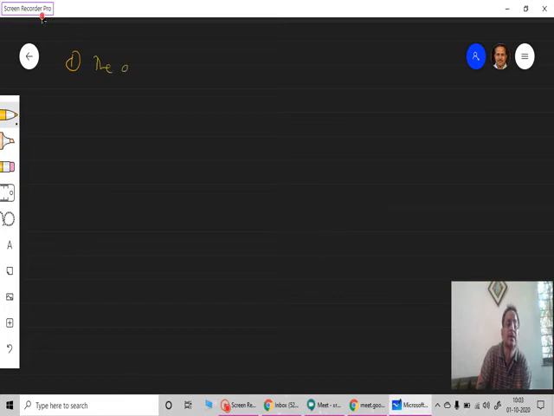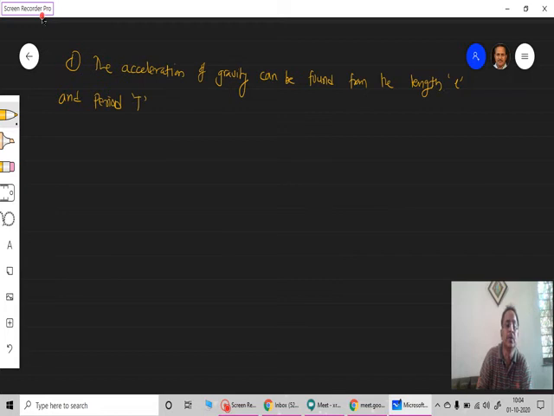The acceleration of gravity can be found from the length small l and period capital T. So these are the two parameters given, capital T, of simple pendulum or of pendulum, using formula.